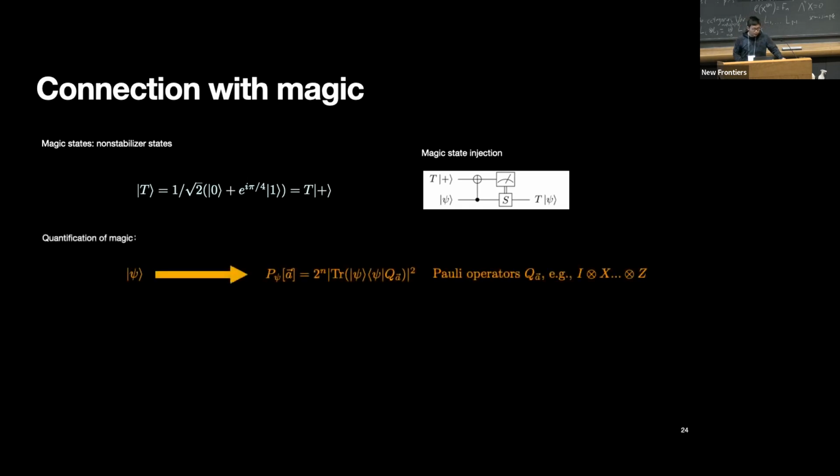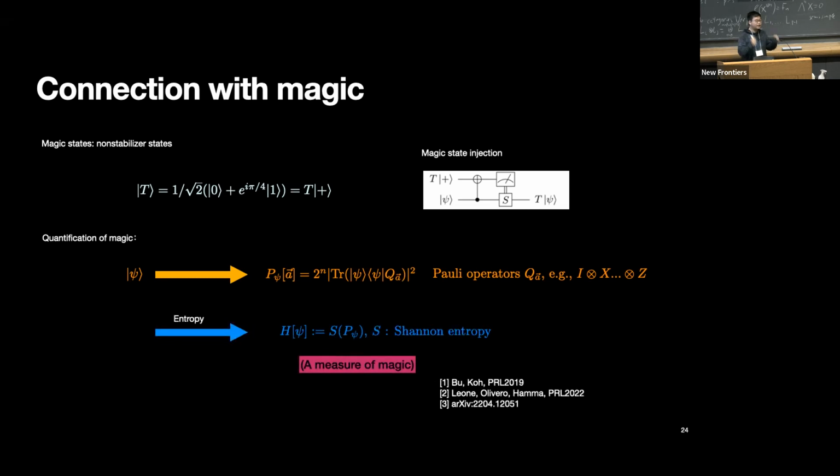Okay, now to quantify the magic in quantum states, we need to introduce some resource measure, which means we need to use some measure to quantify how much magic there is in a given state. So for a given pure state psi, we can define a probability distribution over all the Pauli operators according to this formula.